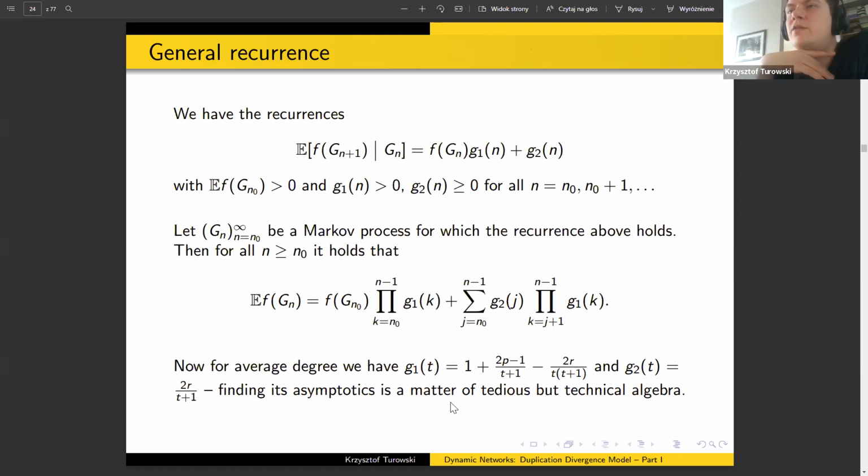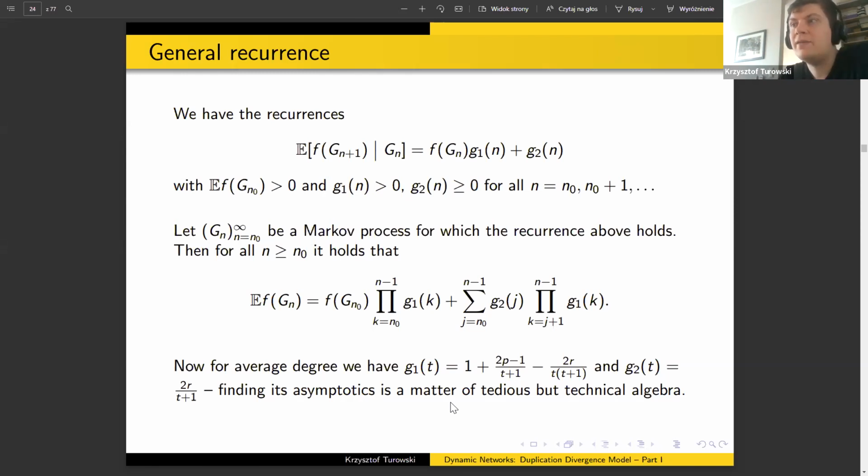So to get the expected value of a function f at time n, we need to solve these products and these sums of products. We have explicit values, for example, for the average degree, for functions g1 and g2, similar for the fixed degree. So first, let's observe that both g1 and g2 are quotients of polynomials in T.